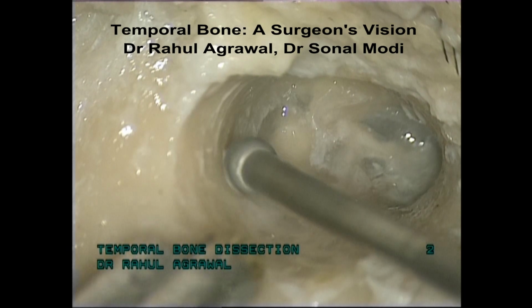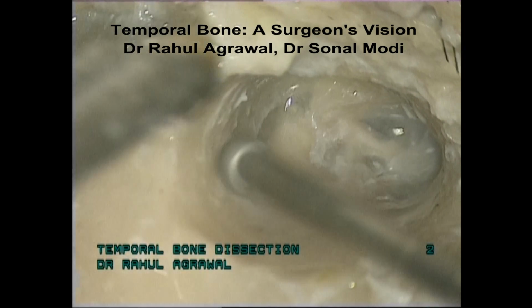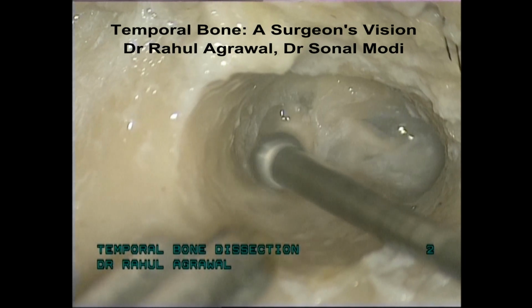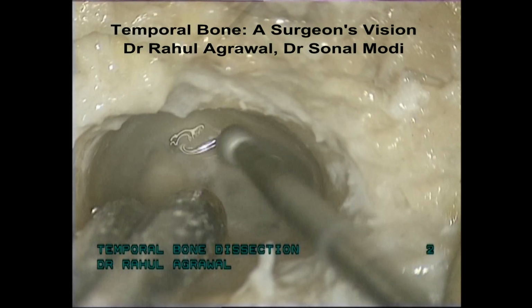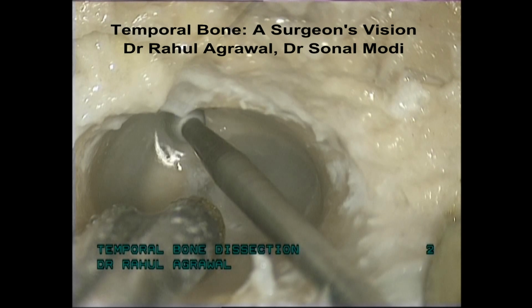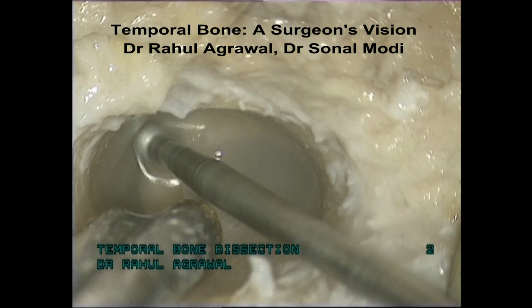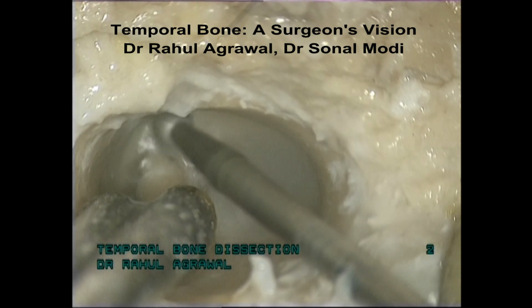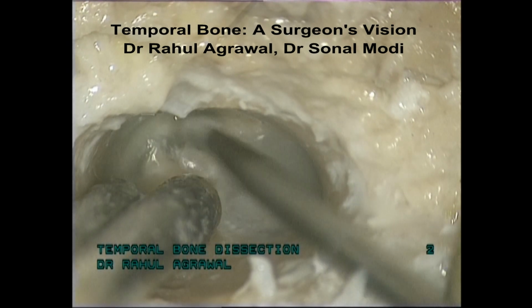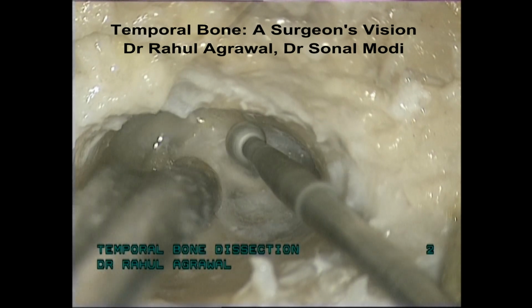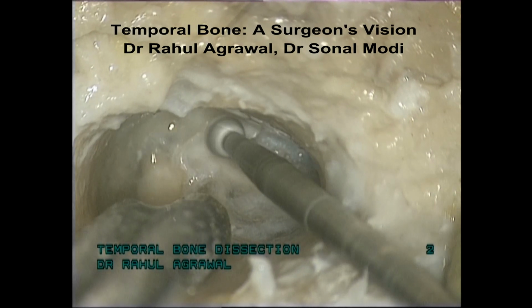If you have any bony overhang obstructing the vision of the anterior or inferior part of the annulus, that should be drilled off so that you can visualize your bony annulus completely. It also helps in your post-operative follow-up of the patient. Note that my anterior attic wall is parallel to my anterior canal wall.